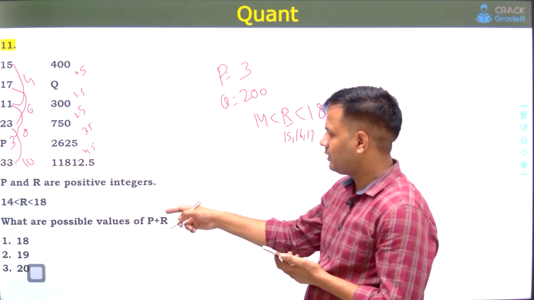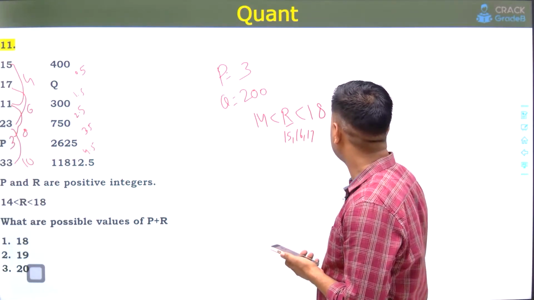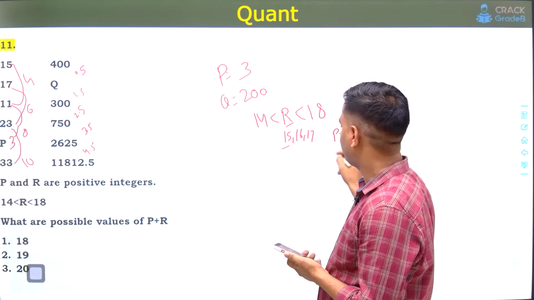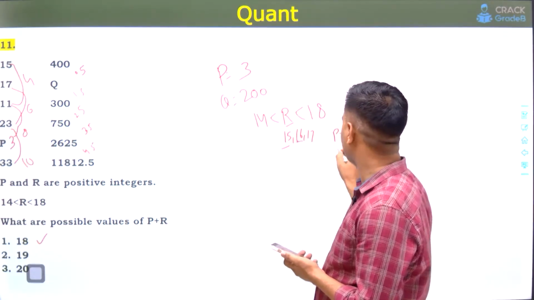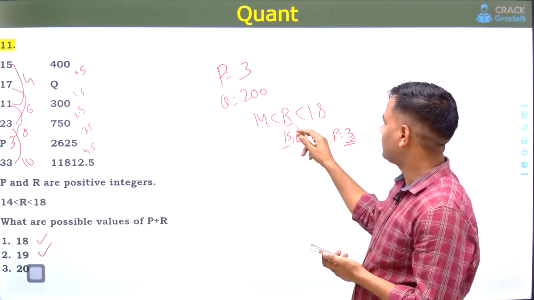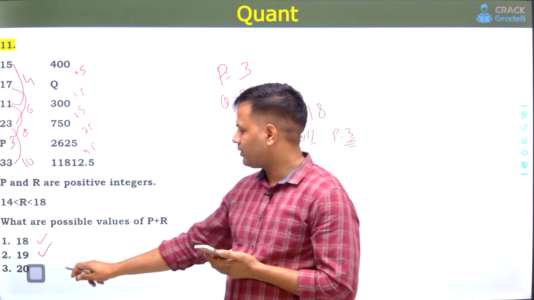P is 3. So if we consider 15, 3, 18, 16 plus 3, 19. If we take value of R as 17, 3, 20.